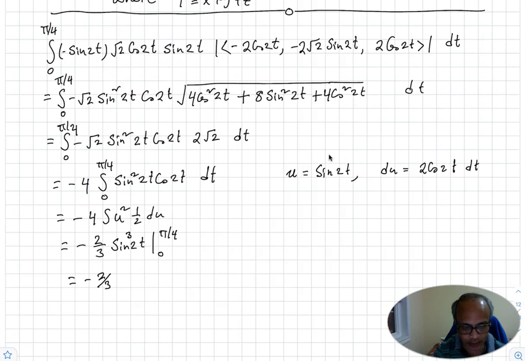Sine pi by 2 is 1, sine cubed pi by 2 is 1, and then minus 0, which is 0. So this is the answer.